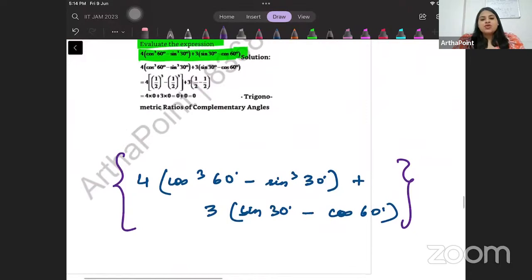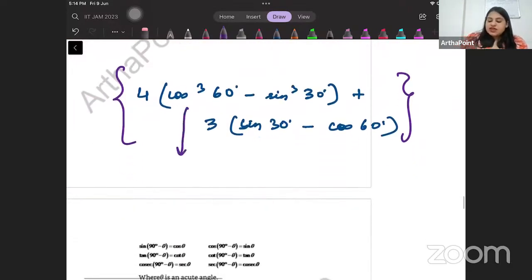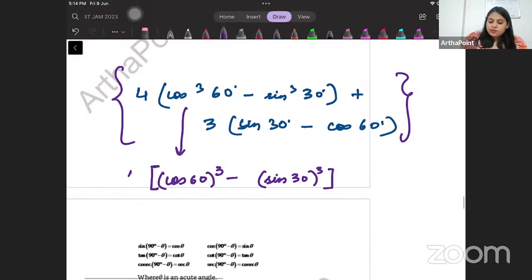So beta, cos cube 60 degree means cos 60 whole cube, and sine cube 30 degree means sine 30 whole cube, into 4, plus 3 sine 30 minus cos 60.